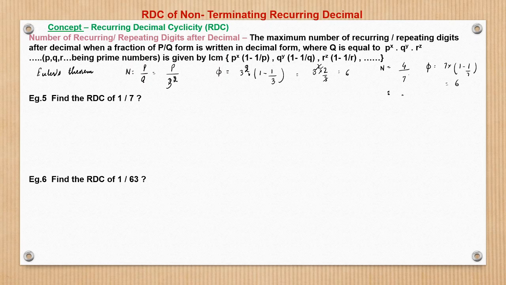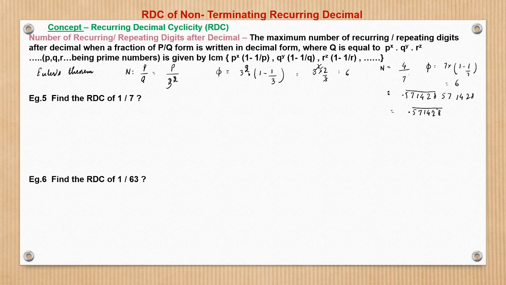It gives 0.571428, again 571428. The six digits are 5, 7, 1, 4, 2, 8, and this number is repeating. So we can write this as 0.571428 bar. The number of digits repeating is 6 here.